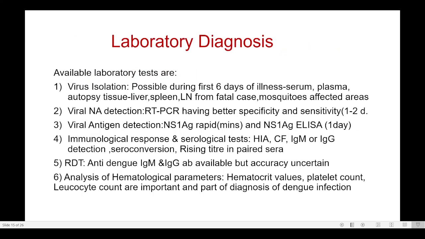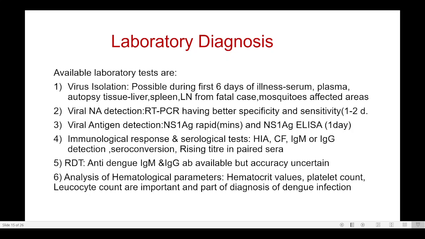Now coming to the laboratory diagnosis. Available laboratory tests include isolation of the virus. It is possible during the first 6 days of illness, from serum, plasma, or autopsy tissue from the liver, spleen, and lymph node from a fatal case, and the virus can also be isolated from the mosquitoes of the affected areas.